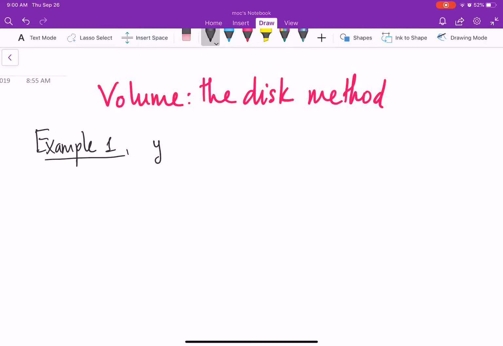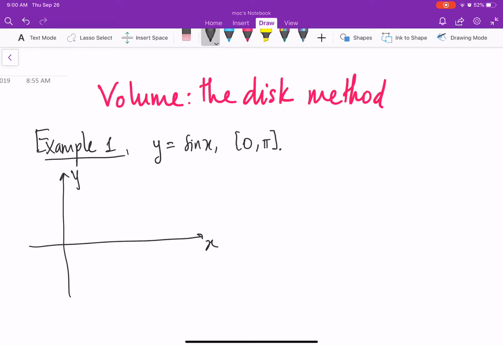Let's consider the function y equal to sin of x on the interval 0 to pi. Okay, and then let me graph this function. Here's 0 to pi, and then pi over 2, here's 1. At pi over 2, the function is 1, we know that.